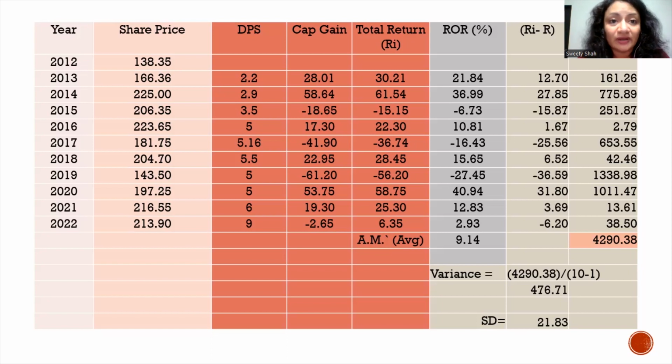We also covered how to calculate the arithmetic mean and what the limitation of arithmetic mean calculation is, the geometric mean calculation, and lastly, how to calculate the risk of a given financial asset. I hope you have developed a fair understanding of risk and return in securities in the share market.